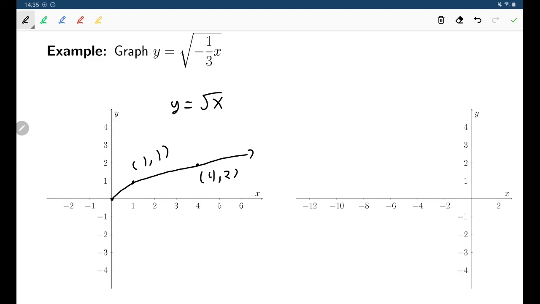So the point 0, 0, take that x coordinate and divide by -1/3, it's still 0. But the next point, 1, 1, if you divide that x coordinate by -1/3, that's the same thing as taking the x coordinate and multiplying it by -3. That gives you the point -3, 1.